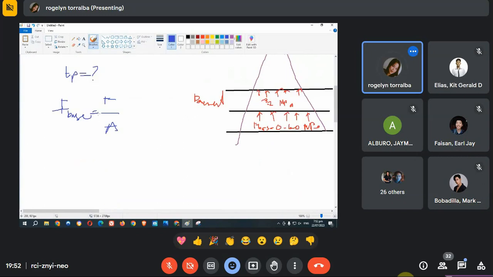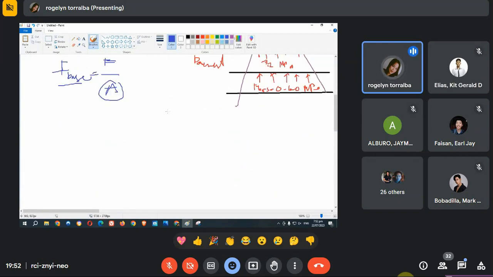So again, since naaman tay F base, naapod tay force, wala tay radius, so therefore, but our area, again, natay 3.2 megapascal, diba? So ang atong area is pi r squared.